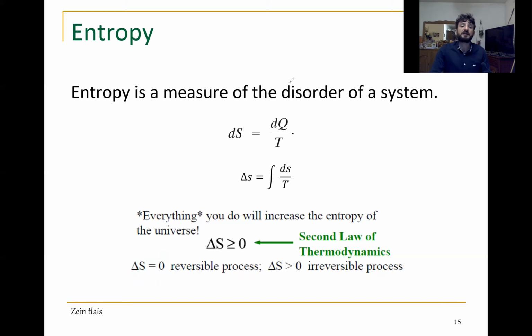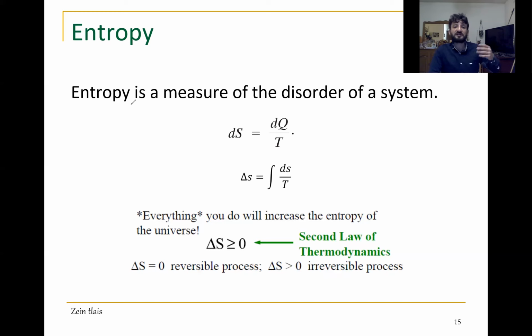Okay. In the next video, or in the next slide, I want to calculate the entropy in the case of an isothermal process, and the entropy in the case of a cycle.